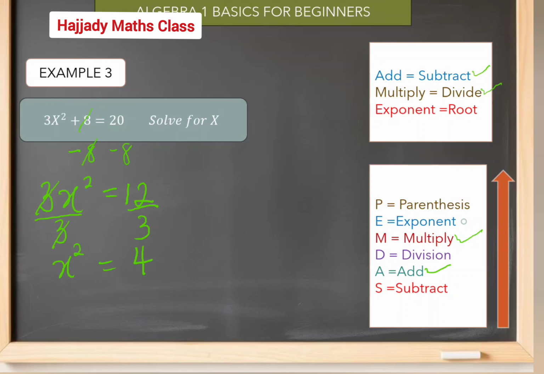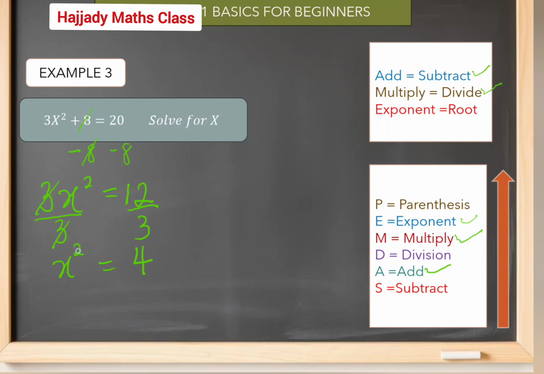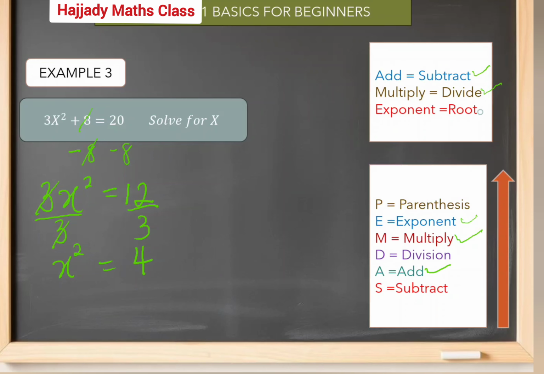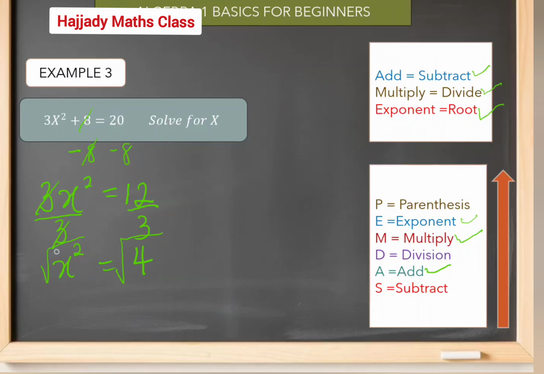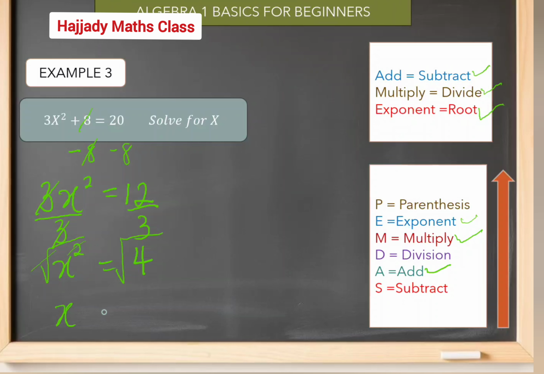Now, going up, do we have an exponent? Yes. The exponent here is the 2. So if you have an exponent, what do you introduce? You introduce the roots. That is, you square root both sides. If you square root both sides, the rule of mathematics says that square root will cancel out the square. Here we have x. And what is the square root of 4?